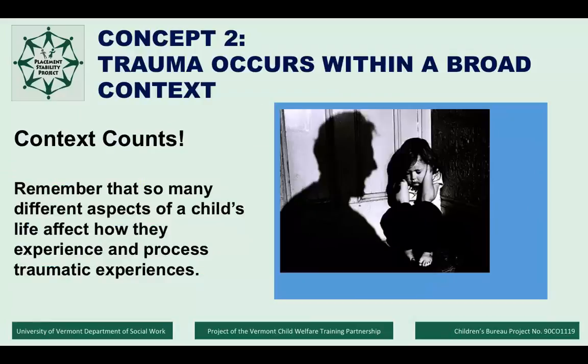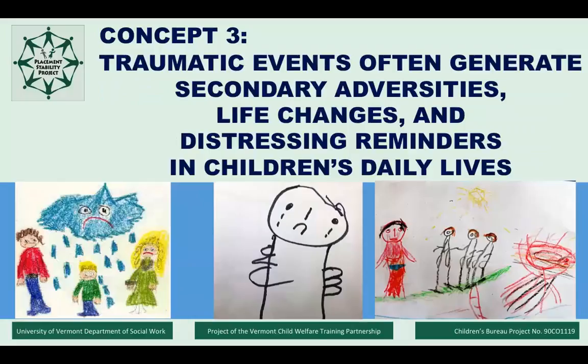Remember that context counts. There are numerous aspects within a child's life that will affect how they experience and process traumatic experiences. Concept 3. Traumatic events often generate secondary adversities, life changes, and distressing reminders in children's daily lives. Trauma reminders include people, places, things, or any stimuli that reminds the child of the traumatic event.